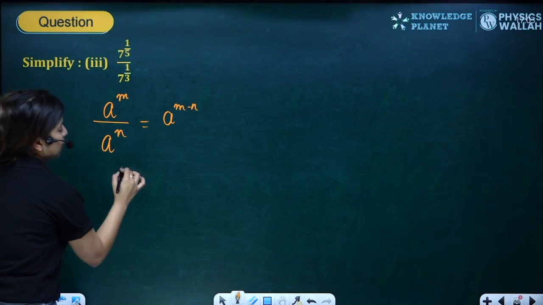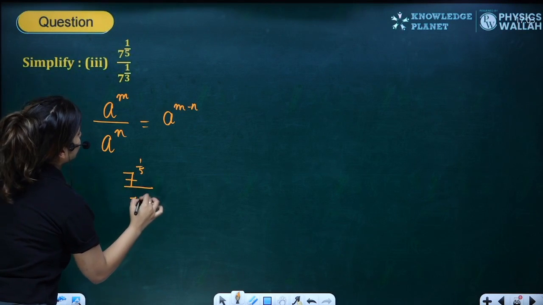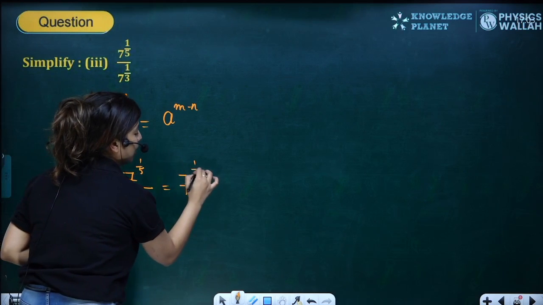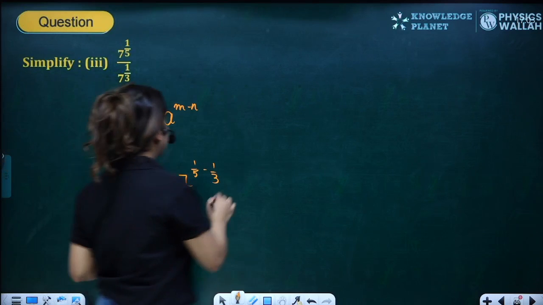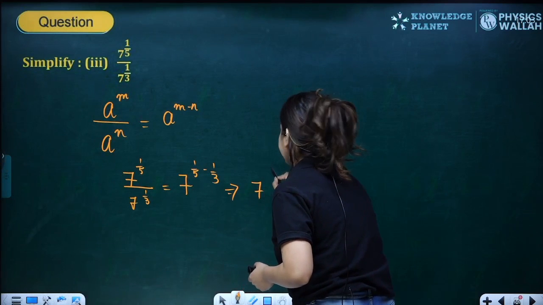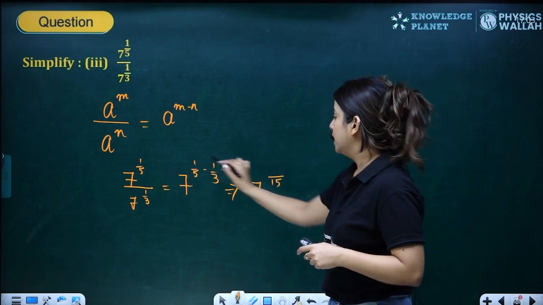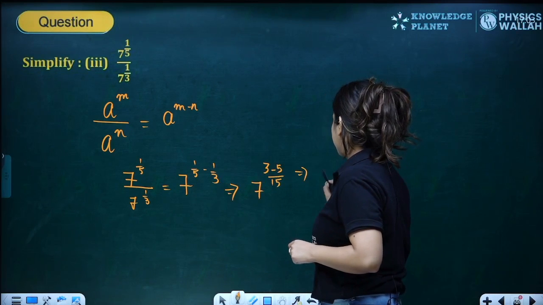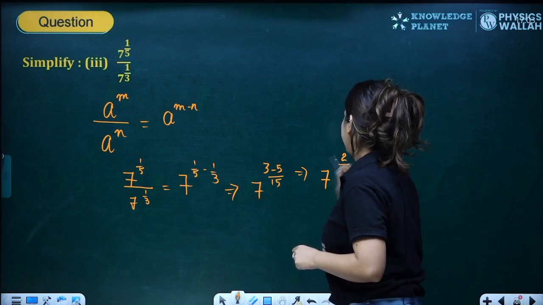So this will be of the form 7 to the power 1 by 5 divided by 7 to the power 1 by 3 will be equal to 7 to the power 1 by 5 minus 1 by 3. We have to take the LCM. That will give us what? 7 to the power, LCM will be 15. 5 and 3 will give the LCM of 15. This will become 3. This will become 5, which is equal to 7 to the power minus 2 by 15.